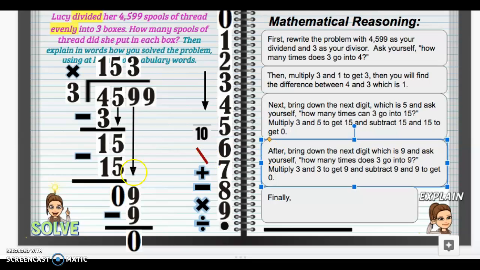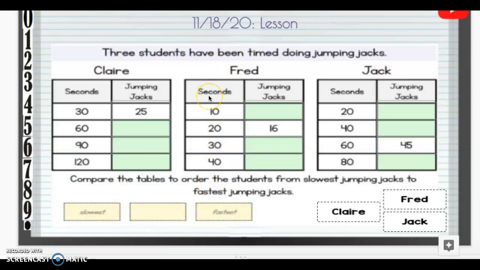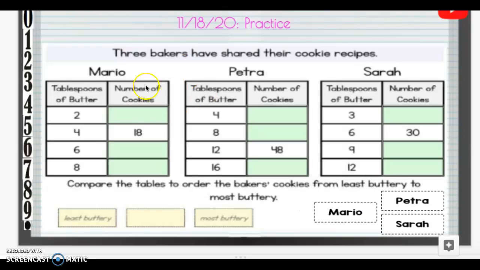And then what you'll do is you're going to have to bring down your next digit, which in this case is a 9, and ask yourself, how many times does 3 go into 9? Which we've determined is 3.